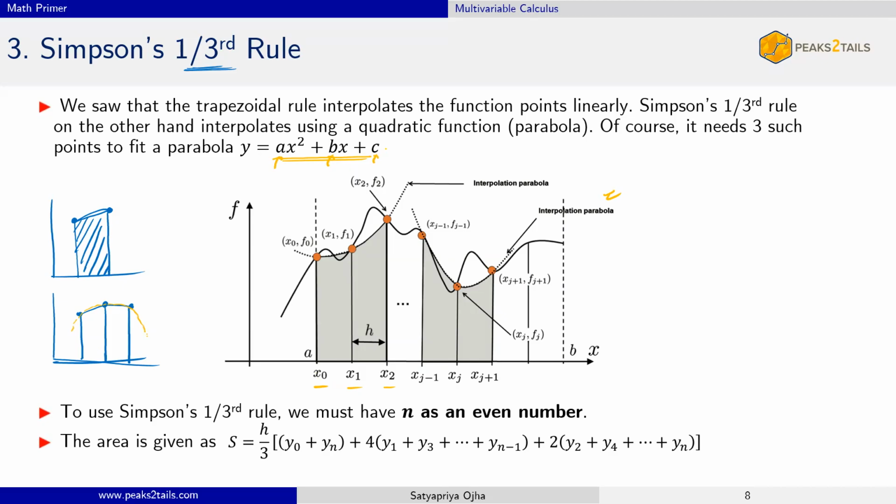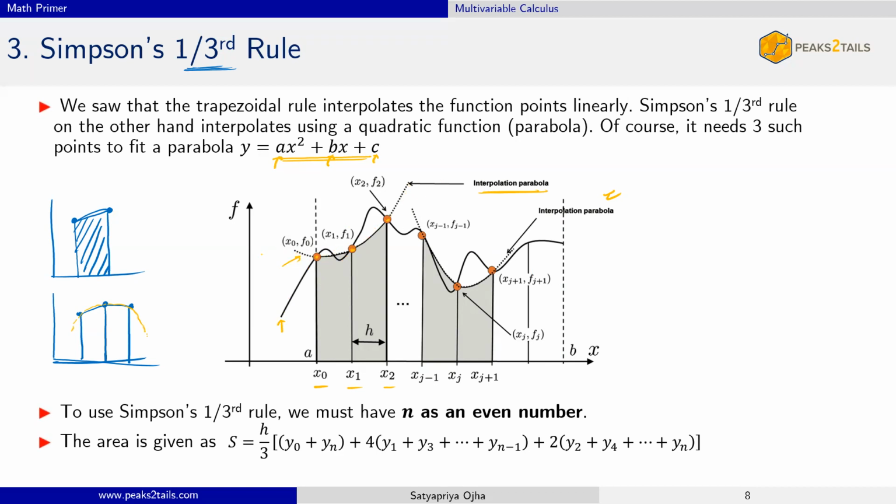For linear interpolation, you need only 2 points. So if you see these 3 points, it tries to fit this parabola. See the dotted line? Interpolation parabola that goes through these. The black solid line is the true function, and it has all kinds of squiggly behavior. But take the first 3 points, fit this dotted one, which is the parabola, right?